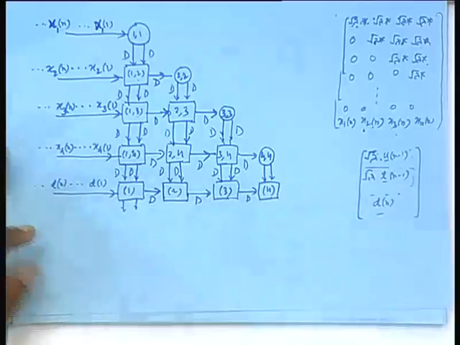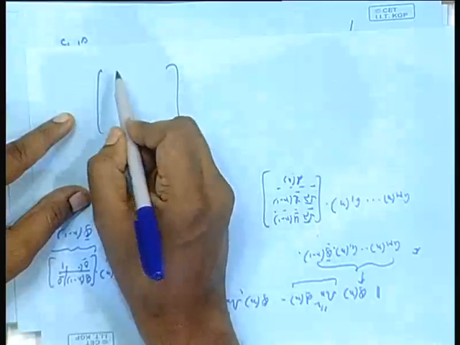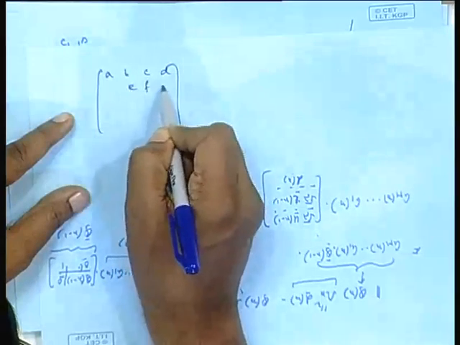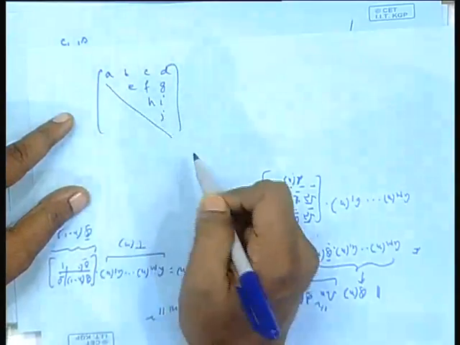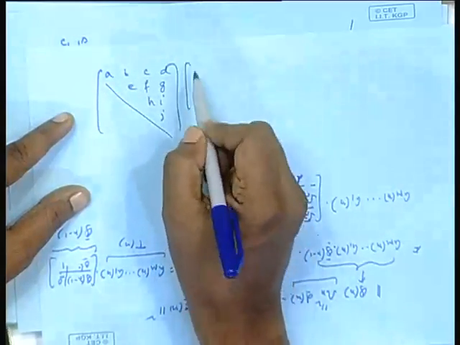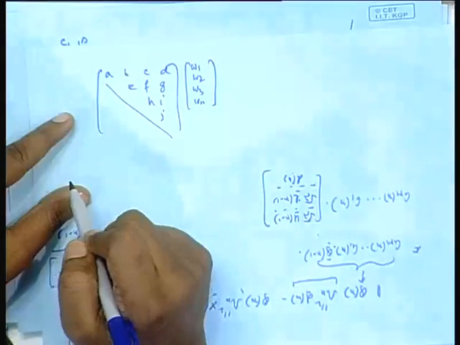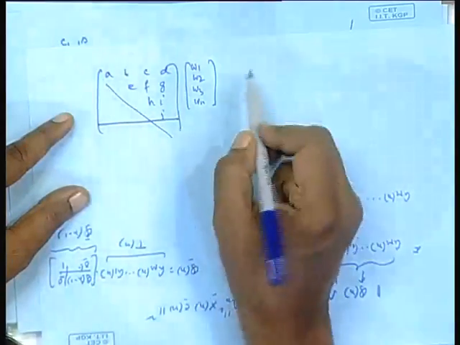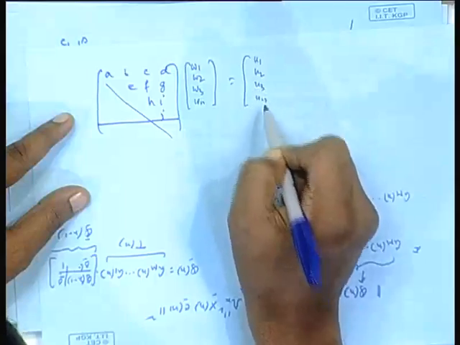I will just mention from the book. What is back substitution? That is, you have got a triangular section. Say A, B, C, D, E, F, G, H, I, J, and then zeros, and say W1, W2, W3, W4. Zeros I do not care, this equals say your upper matrix U1, U2, U3, U4.